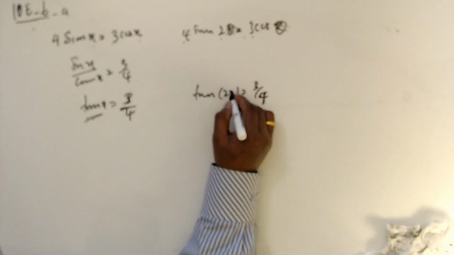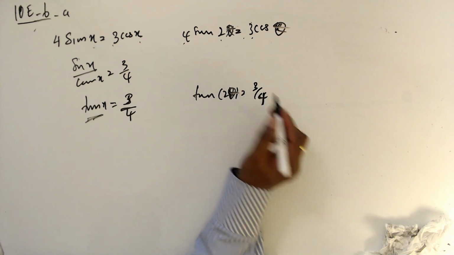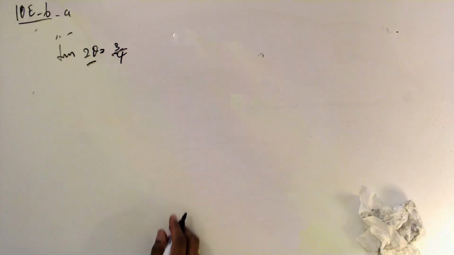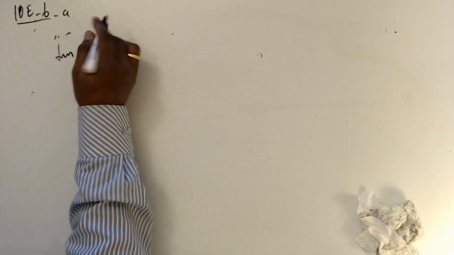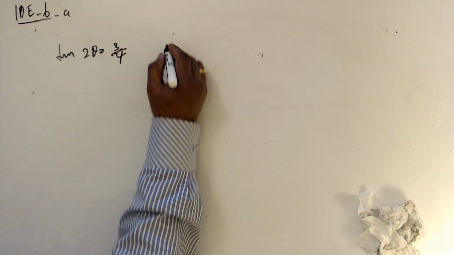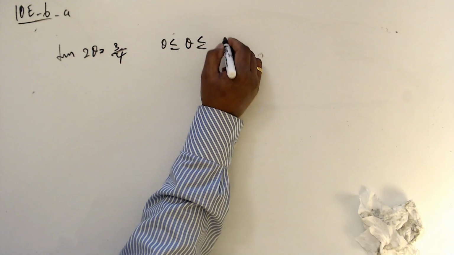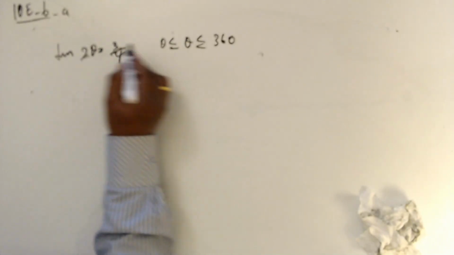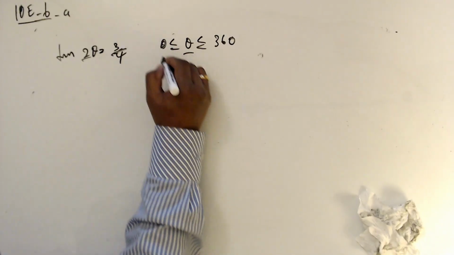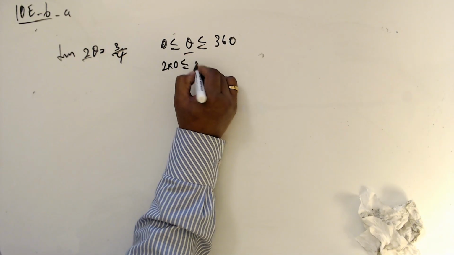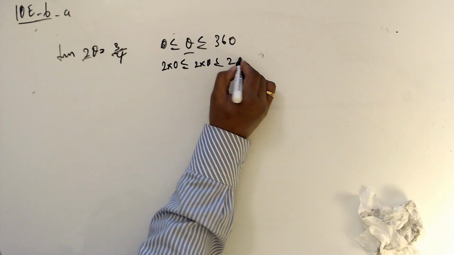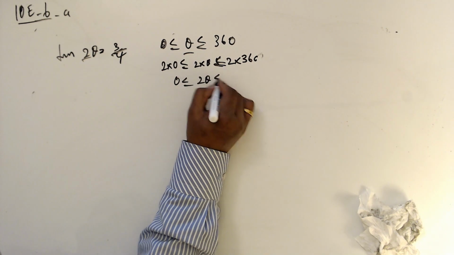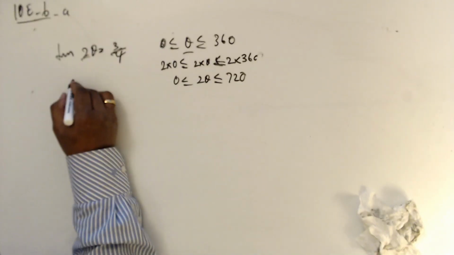I will write tan 2 theta equal 3 over 4, 0 less than theta less than 360. So this is 2 theta, theta multiplied by 2, 2 times 360. So 0 to 720.